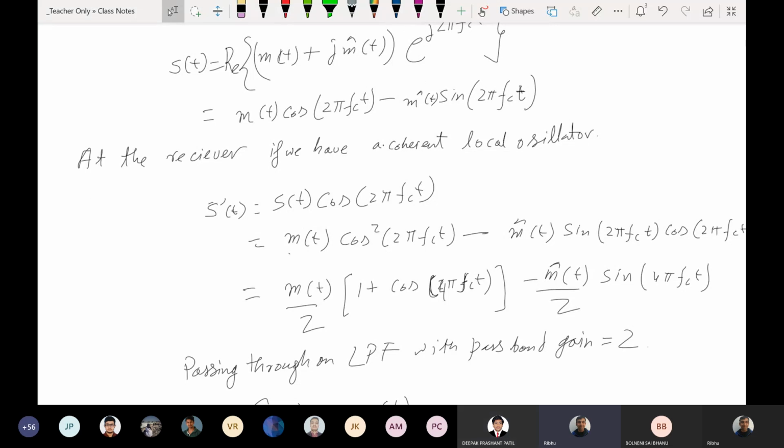Now at the receiver. As I said earlier, our job is twofold. One, modulate the signal at the transmitter so that it can be transmitted over a channel. And the second part of our job is to try to recover it.